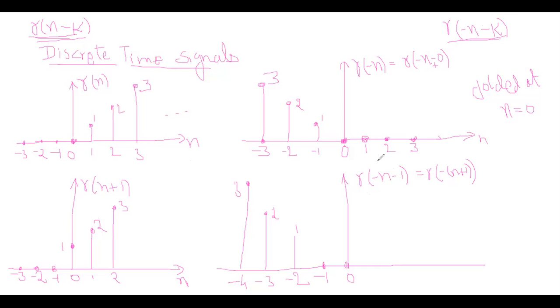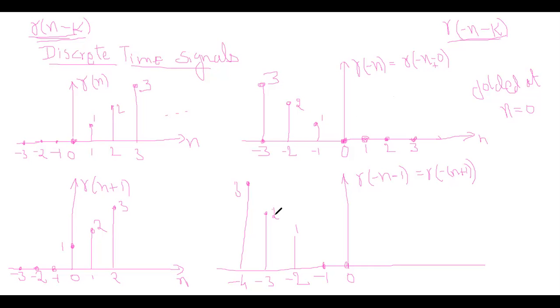Okay, so r of minus n minus 1. I take the r of minus 1 and one sample is shifted towards the left side when k is a positive value for the folded function.